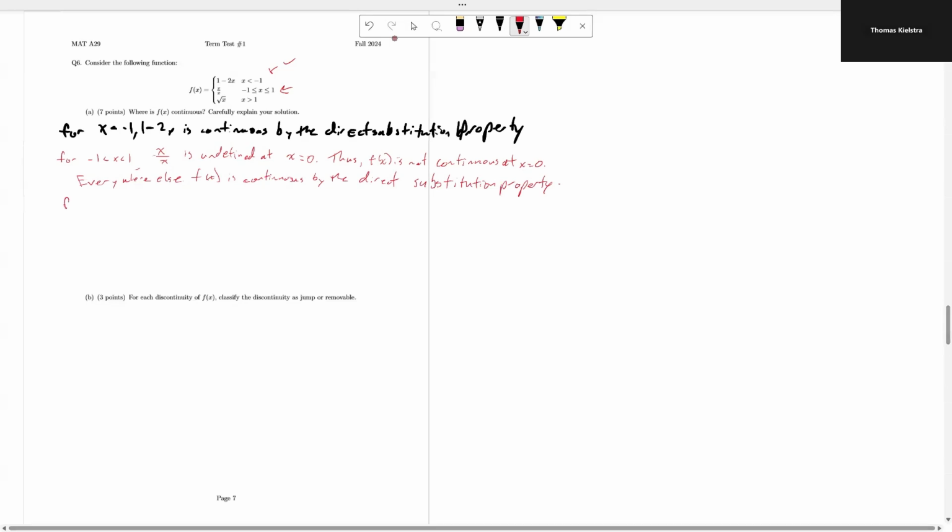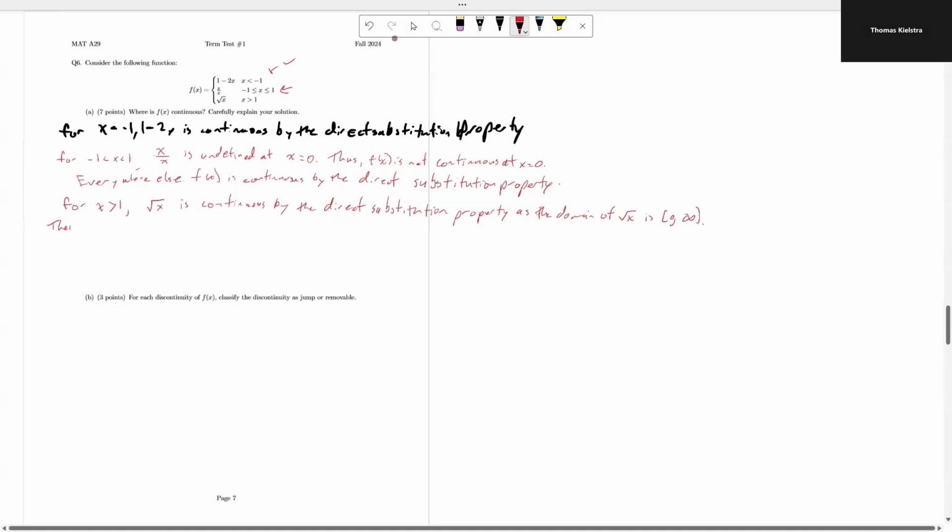Now, for x greater than 1, root x is continuous by the direct substitution property, as the domain of root x is 0 to infinity.